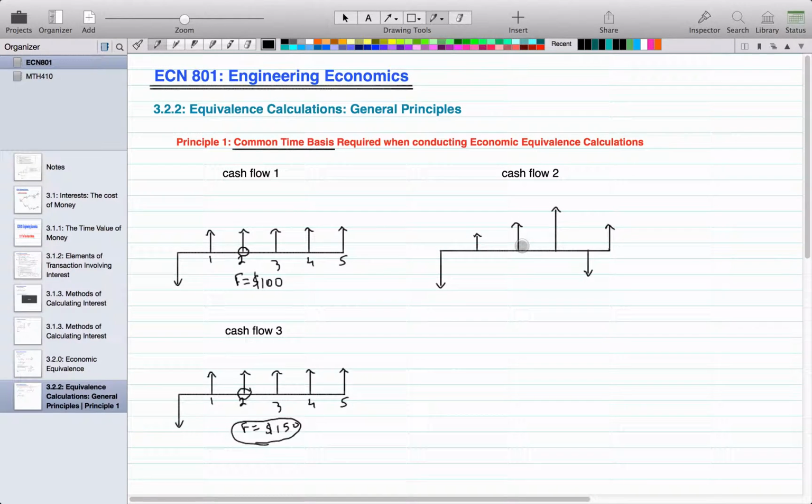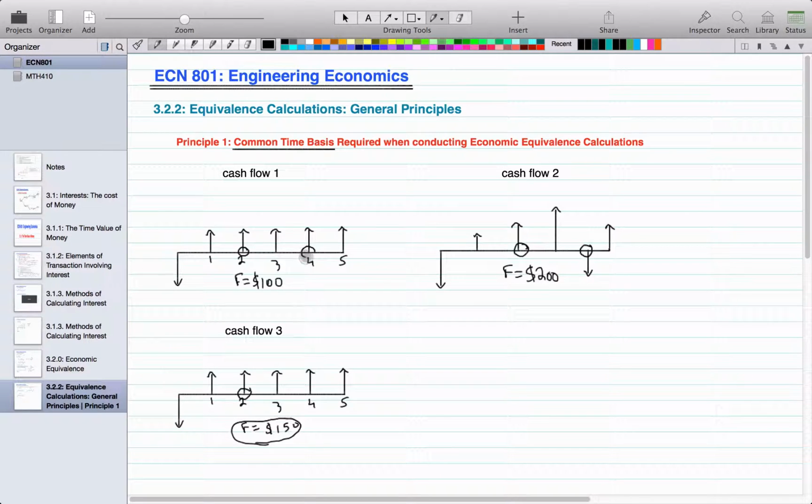Your cash flow over here might be maybe $200, in which case you would choose this cash flow. And this particular cash flow may be chosen at period 2, but if your period is 4, for example, then you have to do the analysis again.